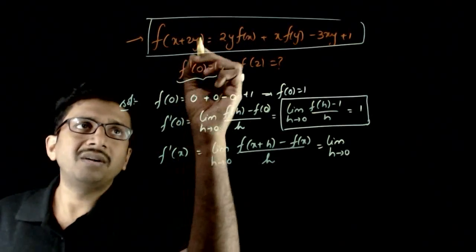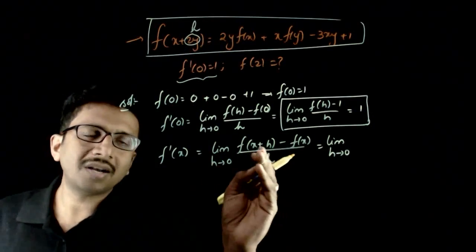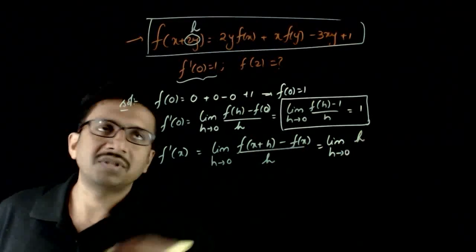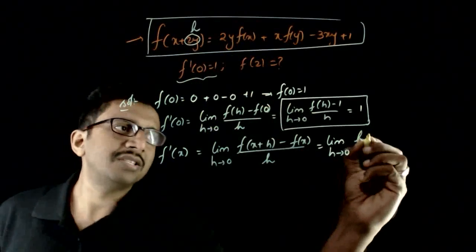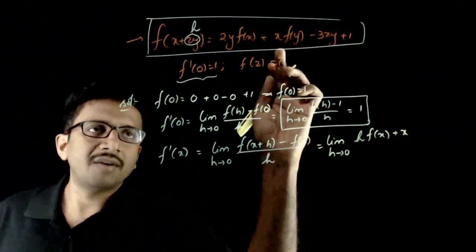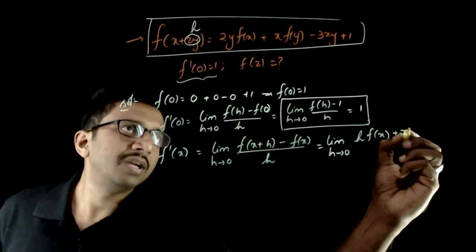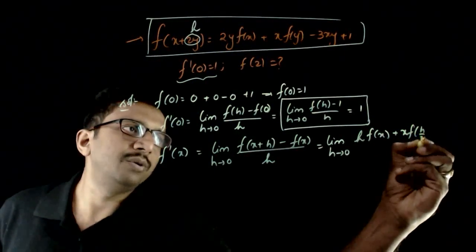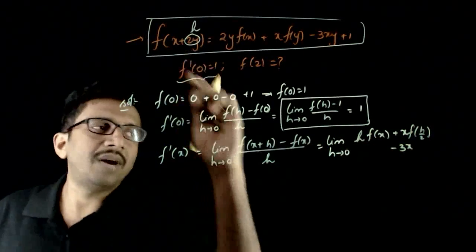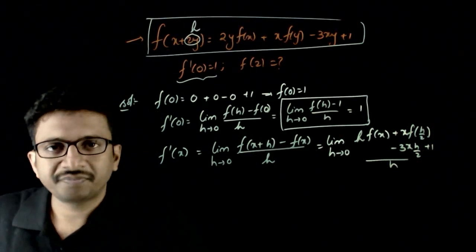So if you put 2y is equal to h, what becomes of f of x plus h? So you get h times f of x plus x times f of y, because 2y is h. So y is equal to h by 2, f of h by 2 minus 3x into y, which is h by 2, plus 1, all divided by h.